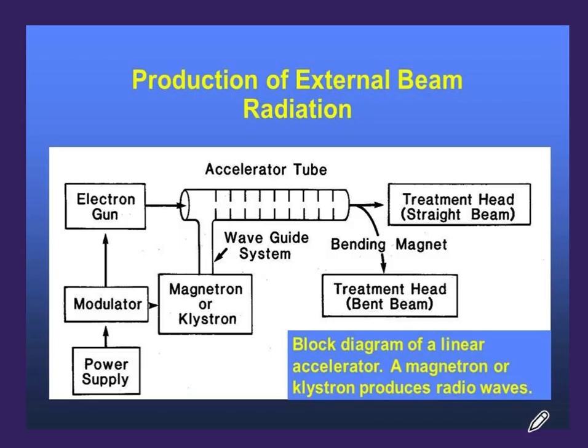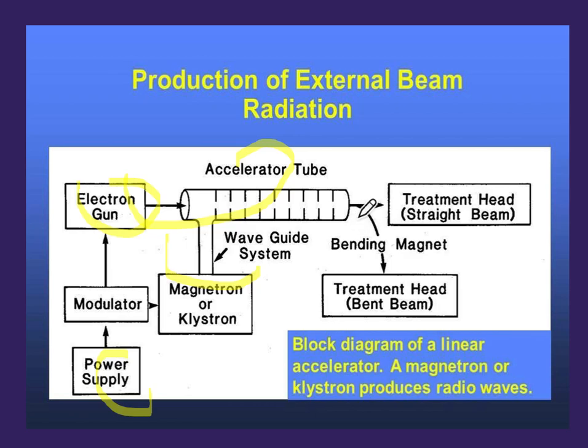This is the general block diagram of a medical linac. There is an electron gun, a power supply, and a klystron or magnetron. In one word, all of this is an accelerator tube.